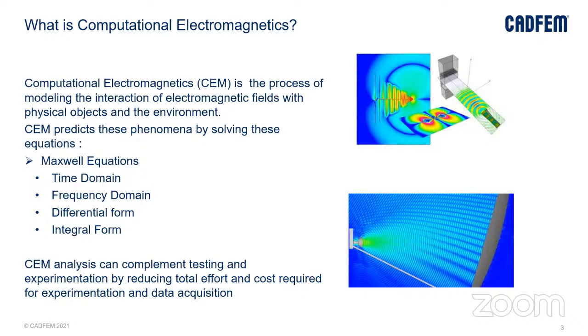So in that case, Maxwell equations are applied on this structure, and both electric and magnetic fields will be calculated out of the structure. This is basically how computational electromagnetics works, and the advantage is that we can reduce the effort taken for experimentation and reduce the cost incurred.